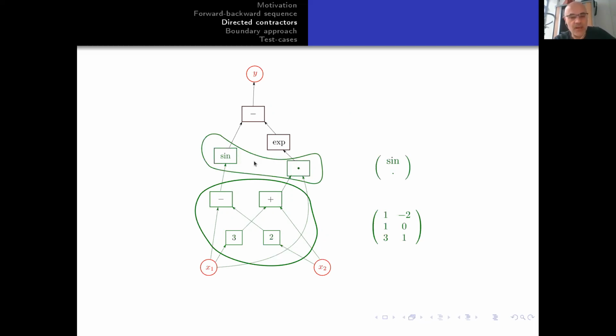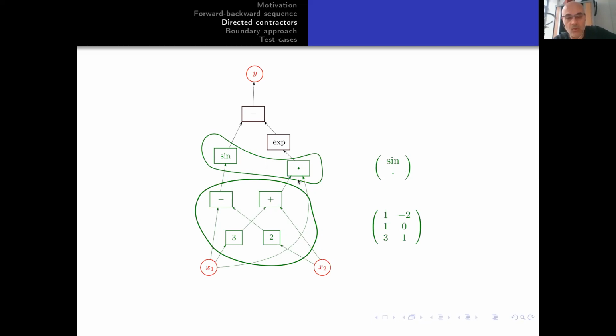So I have two parallel nonlinear functions, sine and multiply, and for each of them, I have an optimal directed contractor. And for this, I have the minimal one, so it is a contractible function, this one, with 3 inputs and 2 outputs, because it is a multiplication.